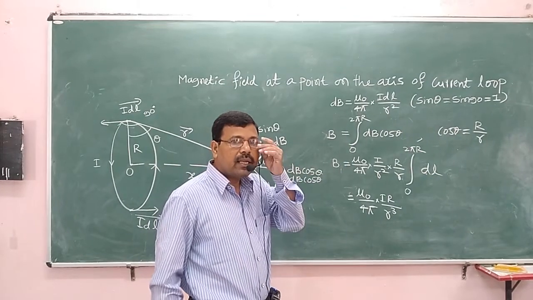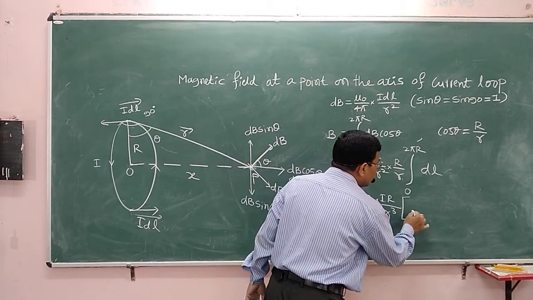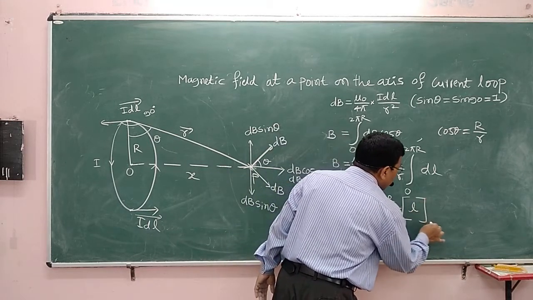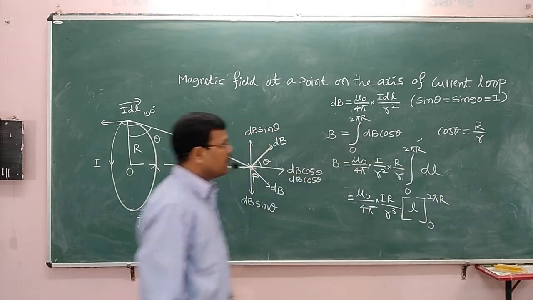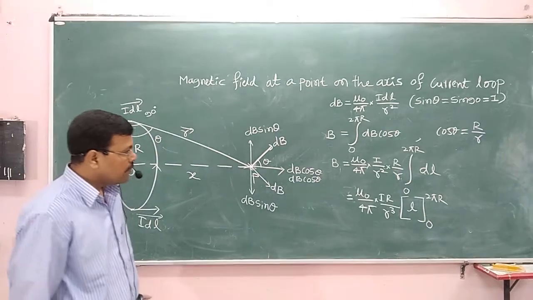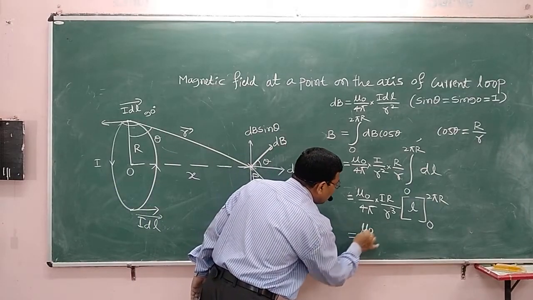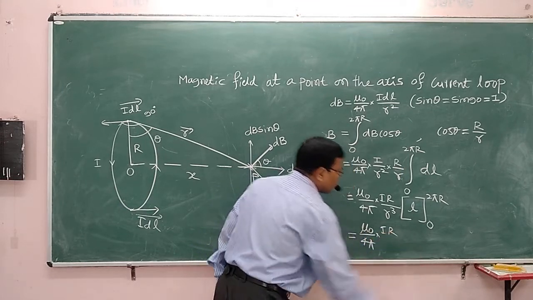Integration of dl is L, and limits from 0 to 2 pi r. Okay. Now, I am going to write this as mu naught by 4 pi into I r.